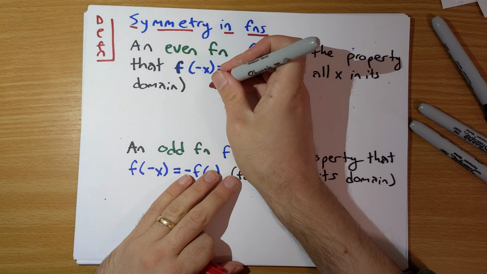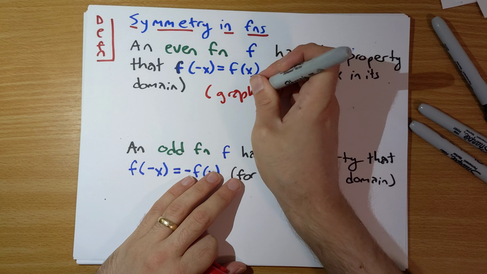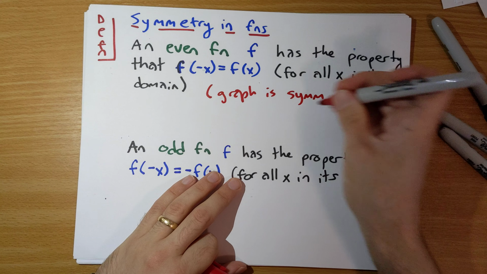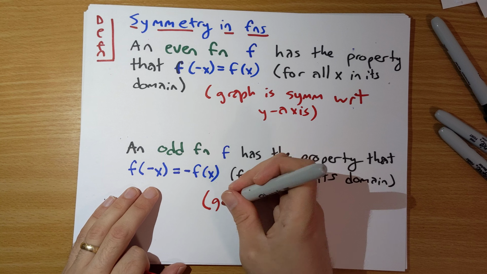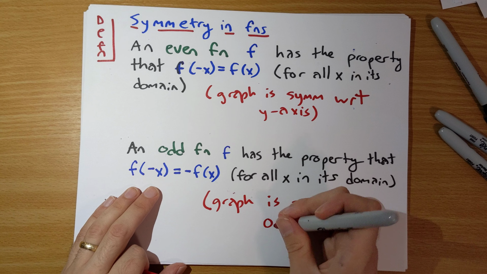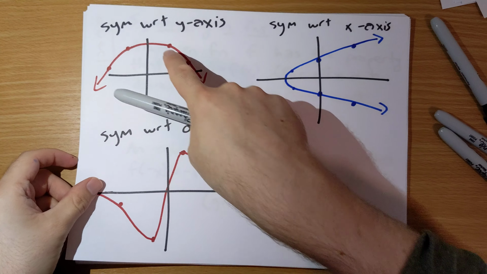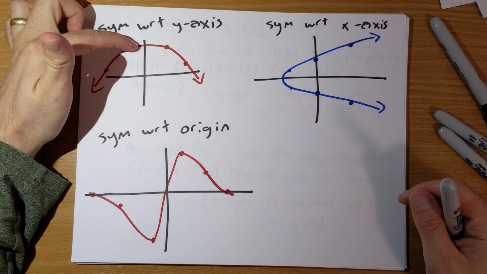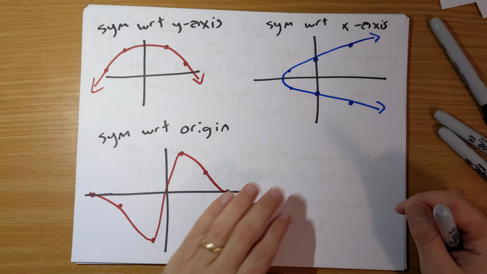The even function is saying the graph is symmetric with respect to the y-axis, and the odd function is saying the graph is symmetric with respect to the origin. So here is a function: this one is an even function, this one is an odd function. Symmetric with respect to the y-axis, symmetric with respect to the origin.